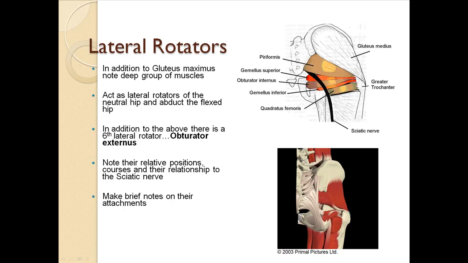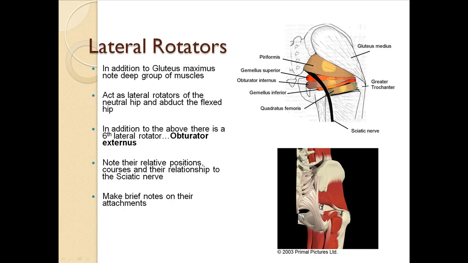These are deep structures, and clinically the most significant point to note is the relationship of the sciatic nerve with these muscles. Here we can see there's piriformis, and down here we have gemellus superior. We can see an opening, a hole between these two muscles, and this is the hole through which the sciatic nerve passes. The greater sciatic notch is found on this side of the hole.